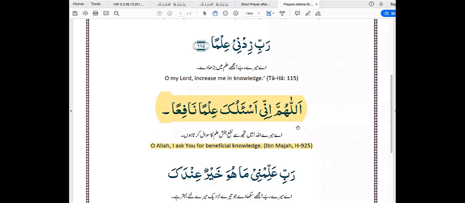A'udhu billahi minash shaitanir rajim. Bismillahir rahmanir rahim. Allahumma inni as'aluka ilman nafi'a.